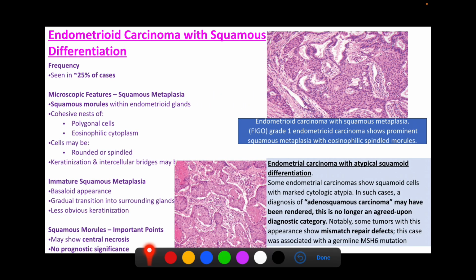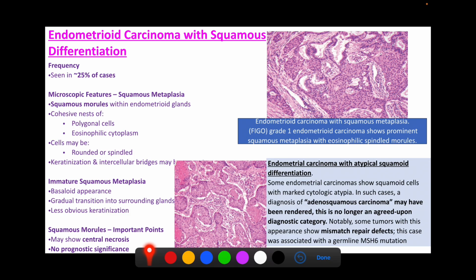So here this is the endometrioid carcinoma with squamous differentiation, where we can find squamous nodules along with these endometrioid malignant glands, and it has rounded or spindle shaped cells. Sometimes keratinization is also present, and here eosinophilic cytoplasm is there.